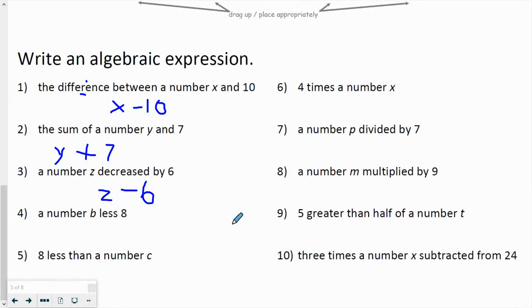4, a number b less 8. Okay, so if we have the number b less 8, we're going to want to start with our b, and then we're taking away 8. Okay, so b minus 8.